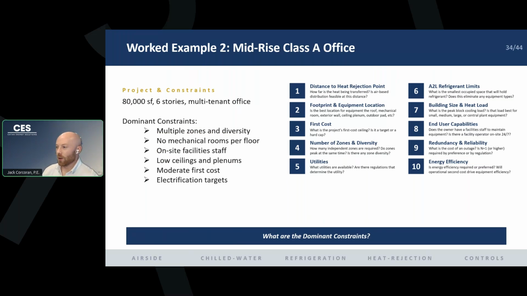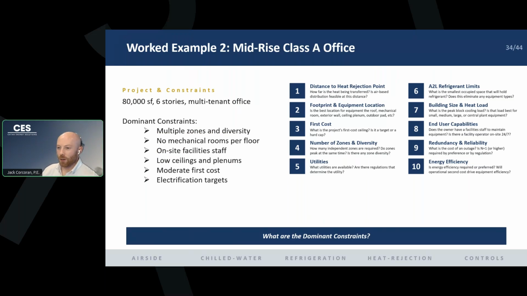In this particular building, there's no mechanical room per floor. That is a big constraint here. There is on-site facility staff in case that's needed. Another constraint is that the architect is telling you we need 10-foot ceilings, and there's only a 12-foot slab to slab. This happens all the time. You have to be conscious of how much space you're taking up when we pick our piece of equipment.